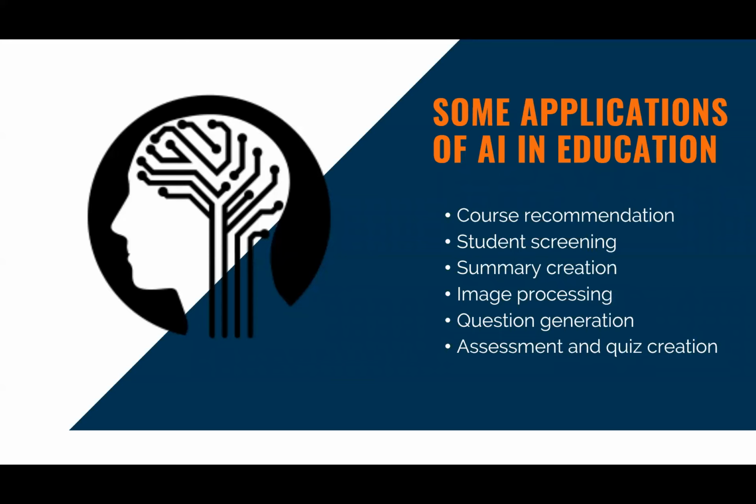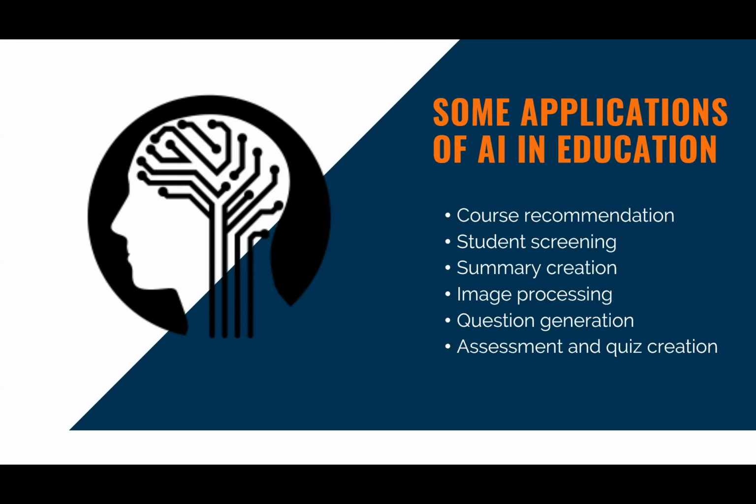Applications benefiting from the intervention of AI in education include course recommendation. Students who are interested in knowing more about which courses to take, based on their qualification and interest, are getting recommendations on courses from AI. Student screening, summary creation, and image processing are some of these examples.